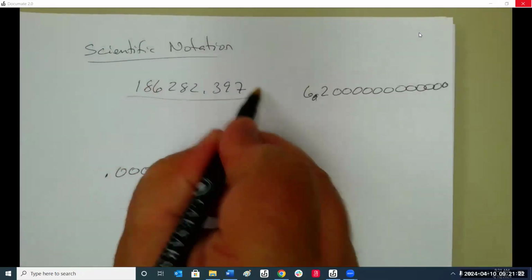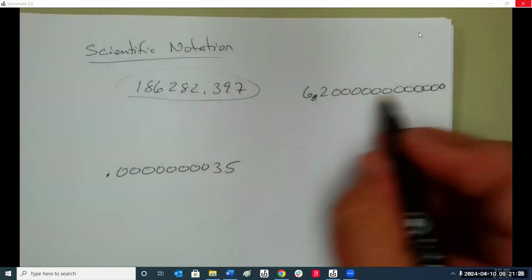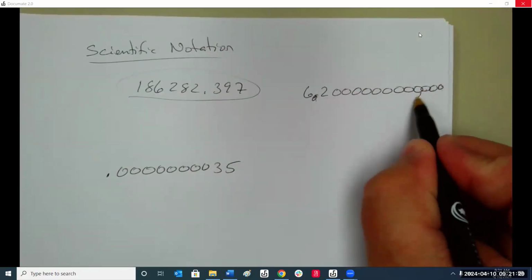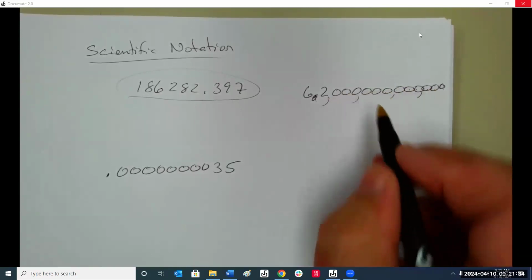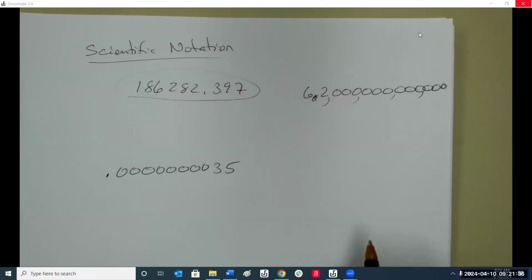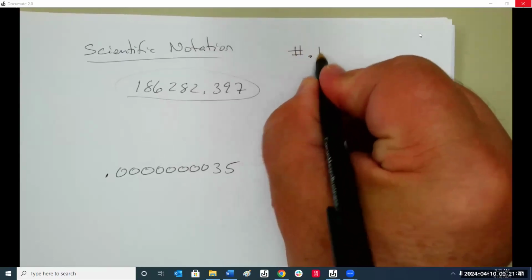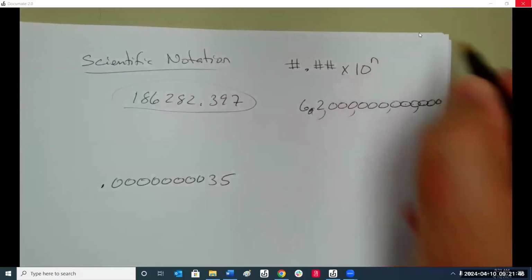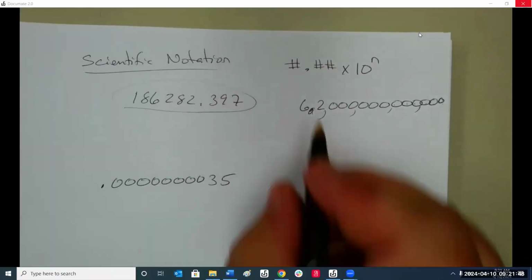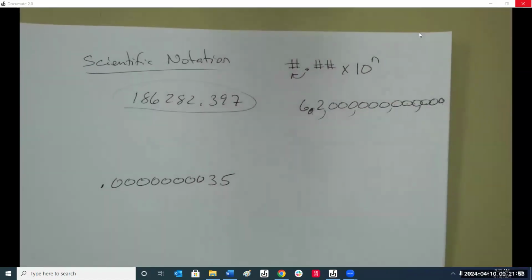Since this one is mostly zeros, we count 1, 2, 3, 1, 2, 3, 1, 2, 3, 1, 2, 3, which is 3, 6, 9, 12 zeros. Scientific notation has this format, where you only have one non-zero digit to the left of the decimal.